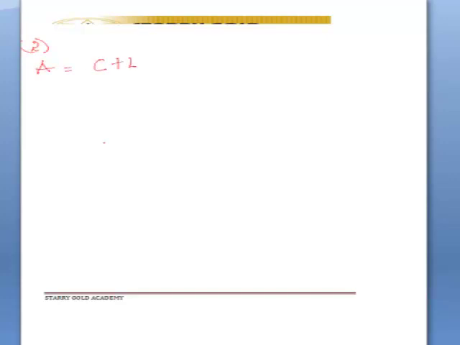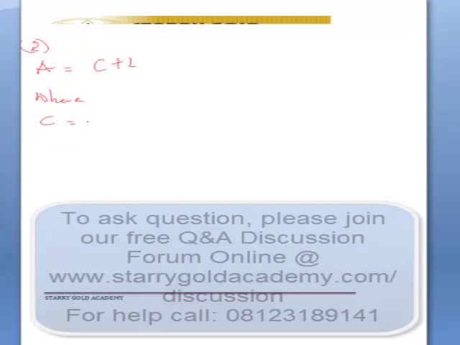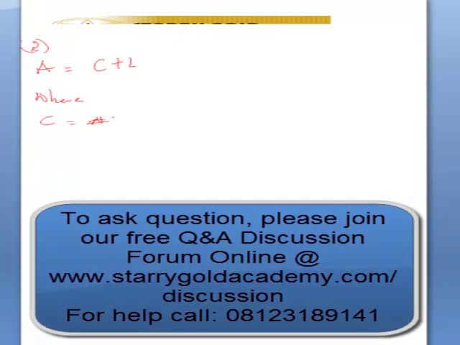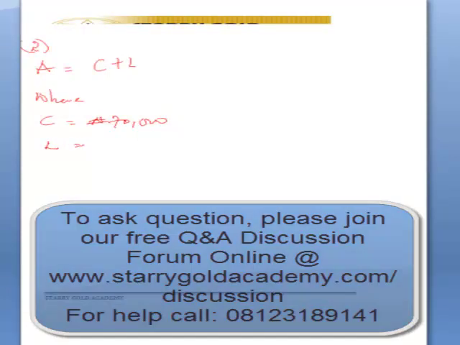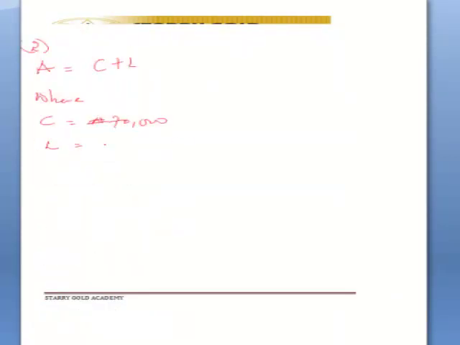That is the accounting equation. Where C is 70,000 and L is 140,000.